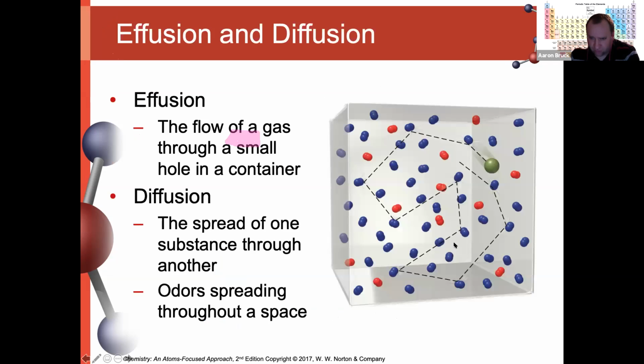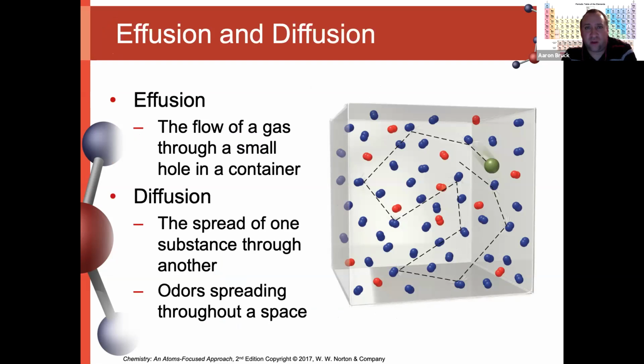Now, we can quantify this and describe it through a property that is either known as effusion or diffusion. Now, diffusion is probably a term that you've heard of. Again, if you were familiar at all with osmosis before yesterday, you were probably familiar with diffusion as well.